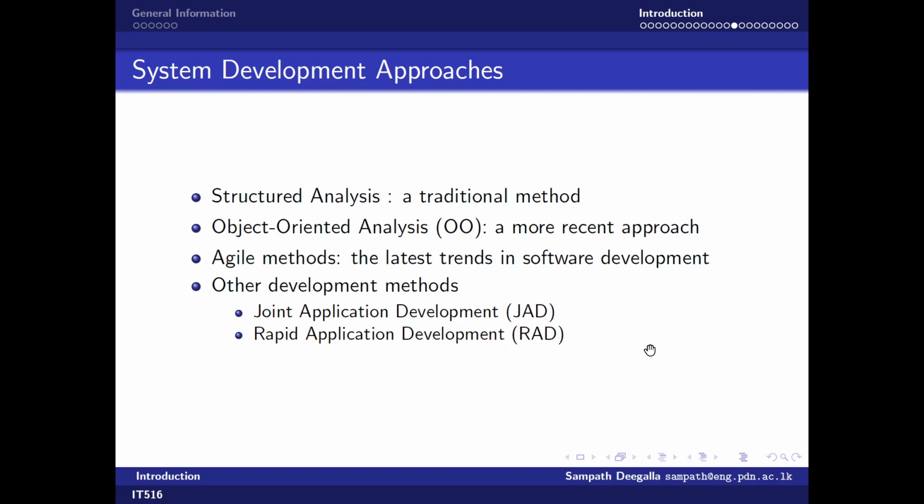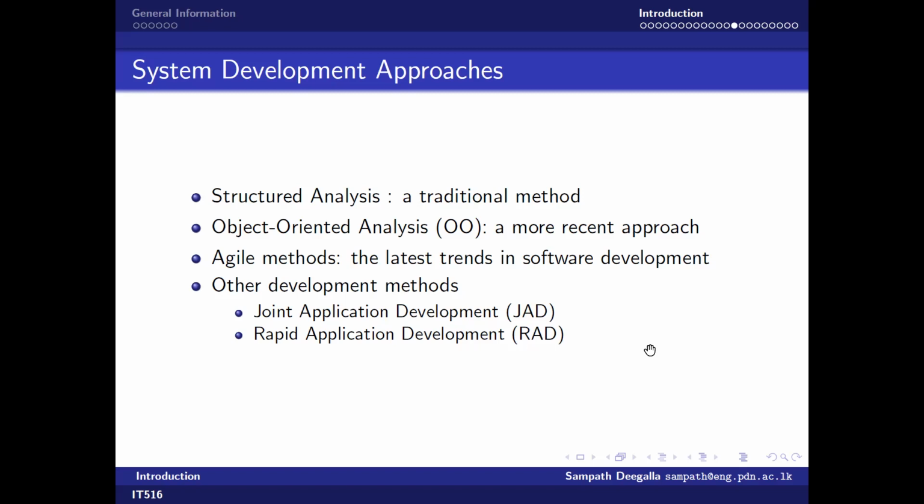Like object-oriented analysis comes into the picture because, with the use of a lot of object-oriented programming languages, object-oriented analysis is also quite common and a more recent approach compared to structured analysis. Then in the latest trend, especially system development, software development, we use agile methods, which means you are not going to follow a predefined structure as such, but you focus more on the user perspective.